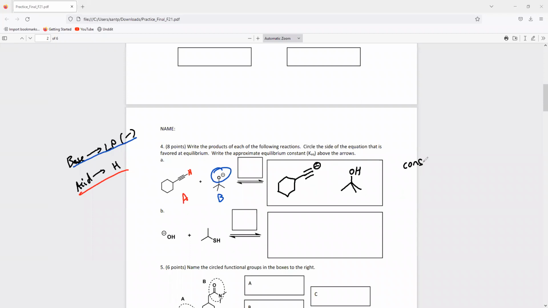So remember conservation of charge. If this side is net negative, then this side should also be net negative. Conservation of charge applies in a lot of different scenarios too. So we'll see in other places where we can use conservation of charge to make sure we're doing things correctly.